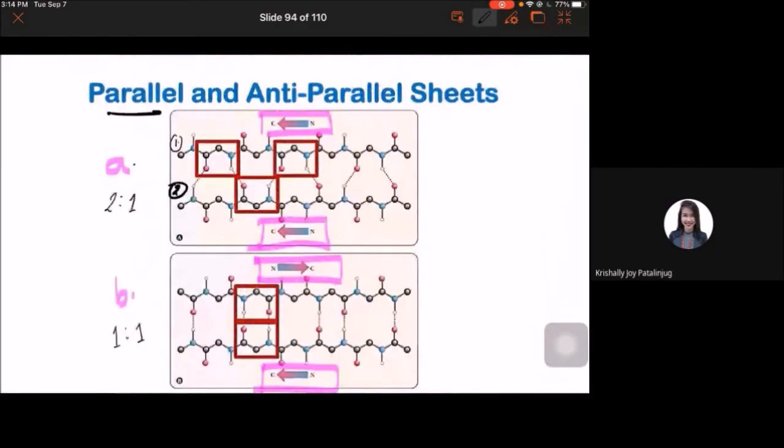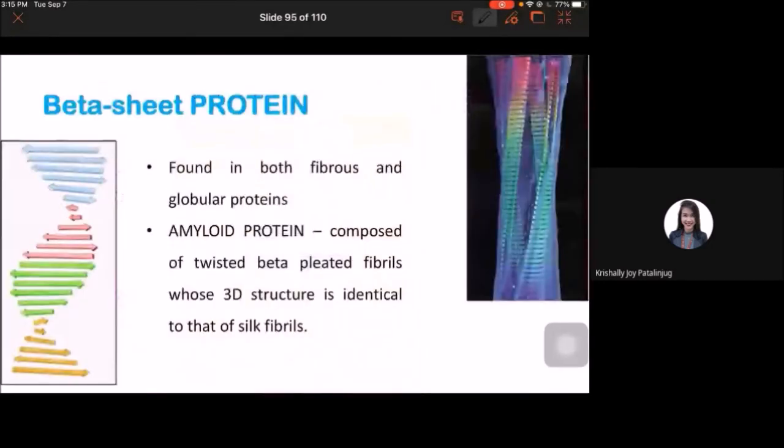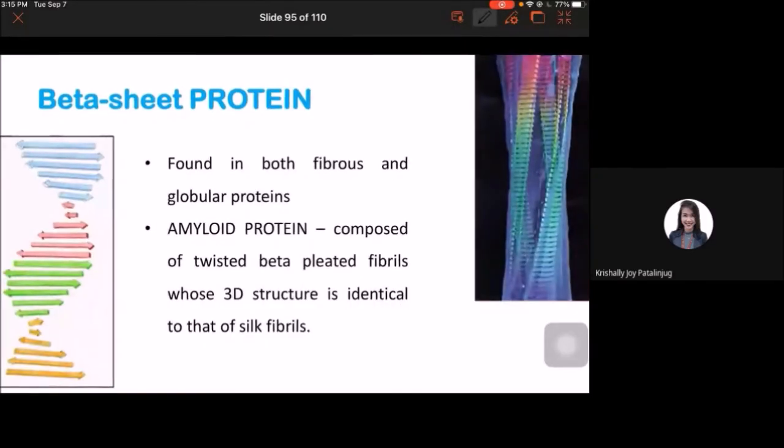Now, in complex proteins, there are beta sheets that can be found in fibrous proteins and globular proteins. We will discuss these thoroughly maybe by next week.